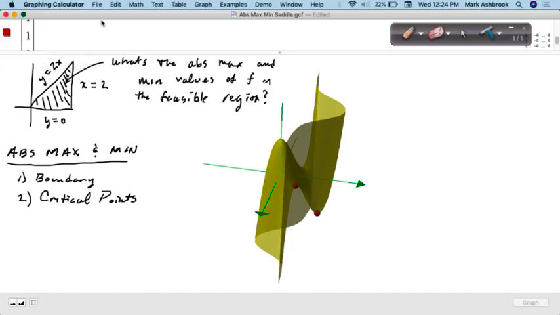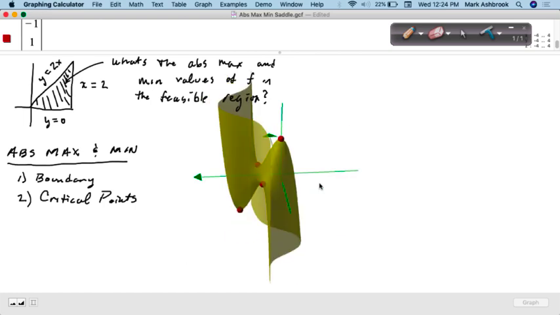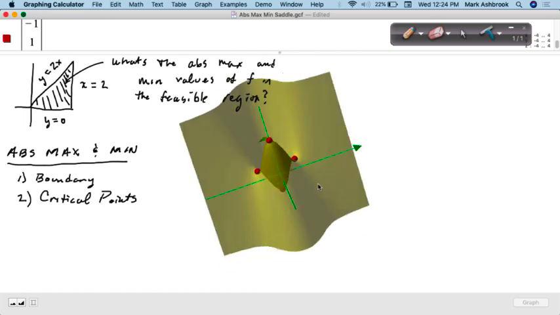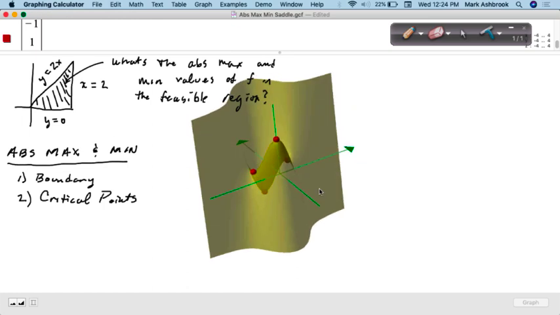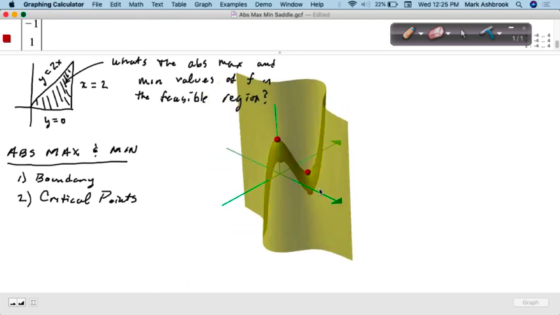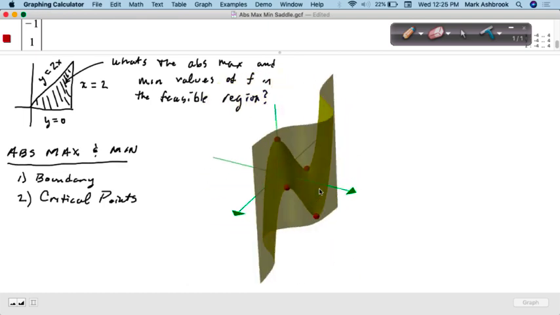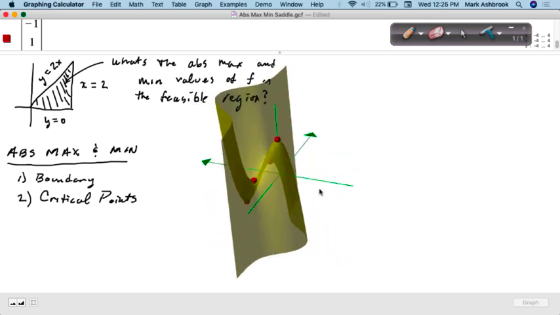And 0, 0 was one of the saddles. That was our local max. And then the other saddle was over there. Okay, so here are the points we found last time. So now all we care about, though, for this surface and these critical points are within that.